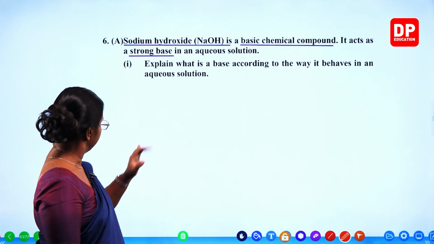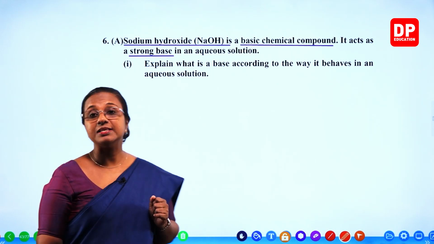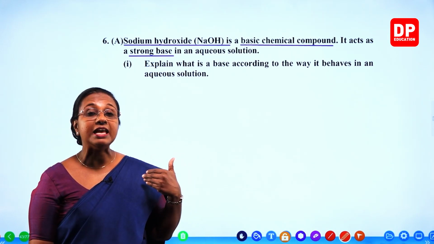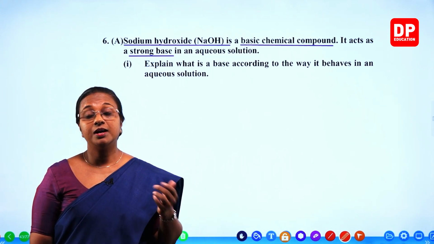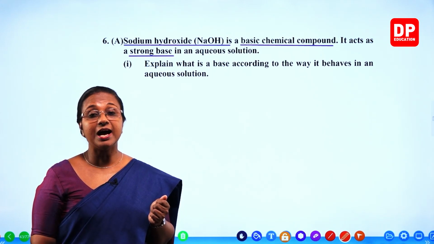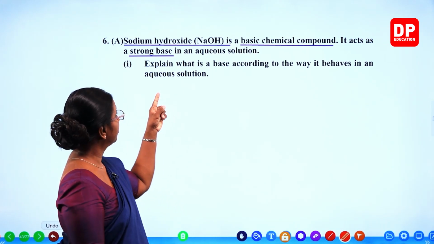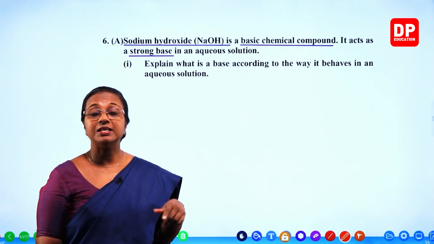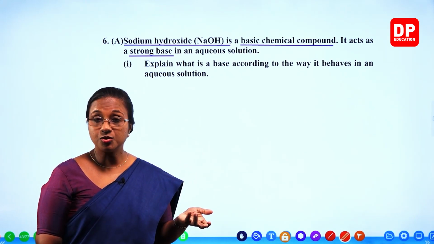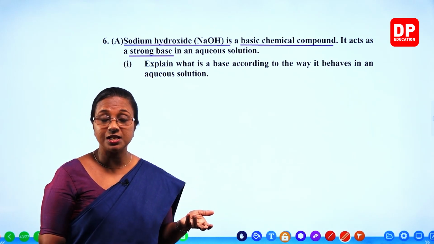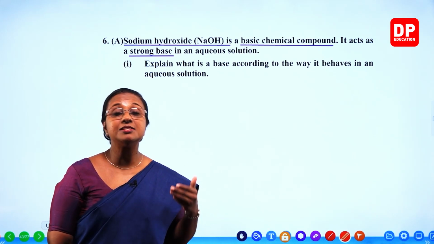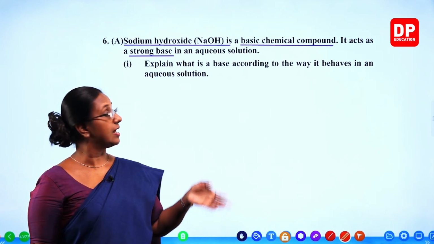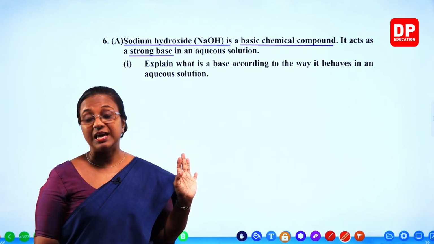So, you all know when we say bases or basic substances, when they dissolve, they release hydroxyl ions, OH minus ions. So, here NaOH, sodium is the positive ion, OH minus is released when it dissolves in water. So, in the aqueous solution, if they increase the concentration of OH minus ions, we call them as bases.